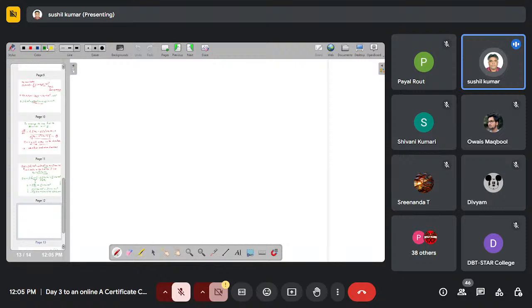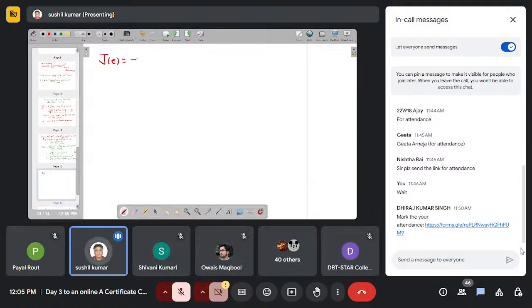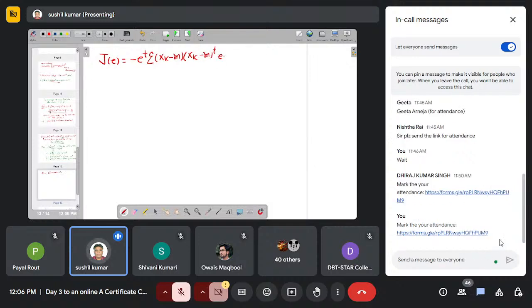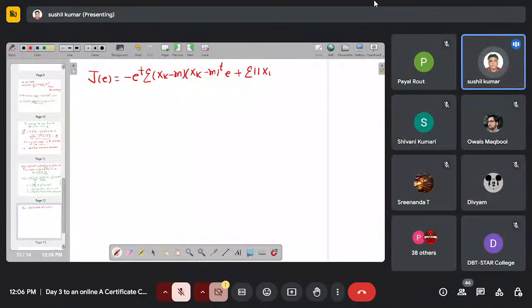What I got from the last step, this is my equation: J(E) is equal to minus E transpose (x_k minus m), (x_k minus m) transpose E, plus (x_k minus m) whole square. So this is the equation I got.